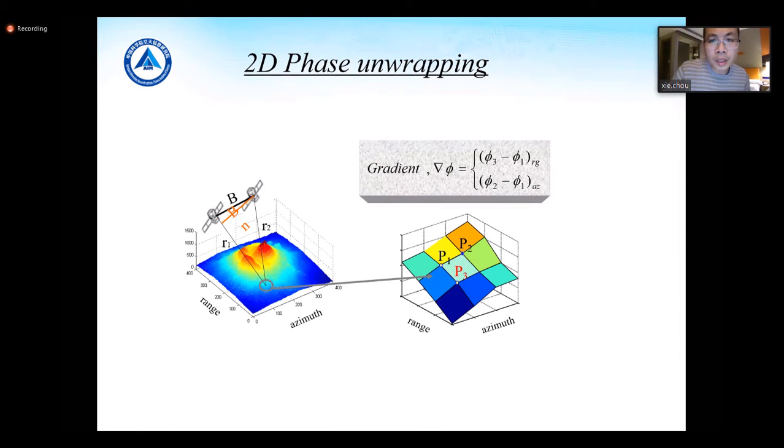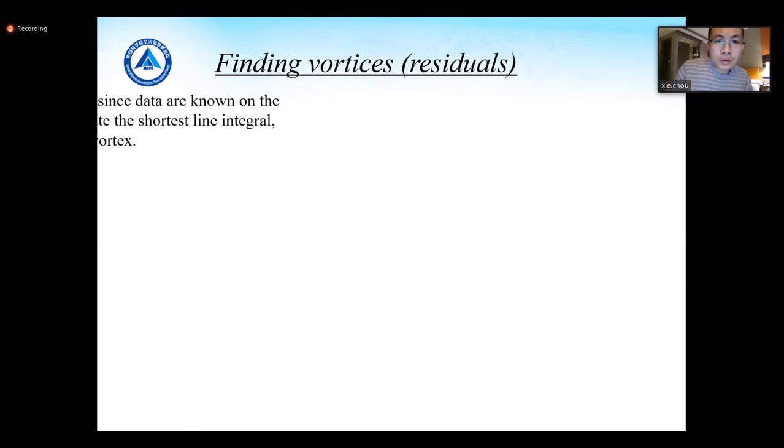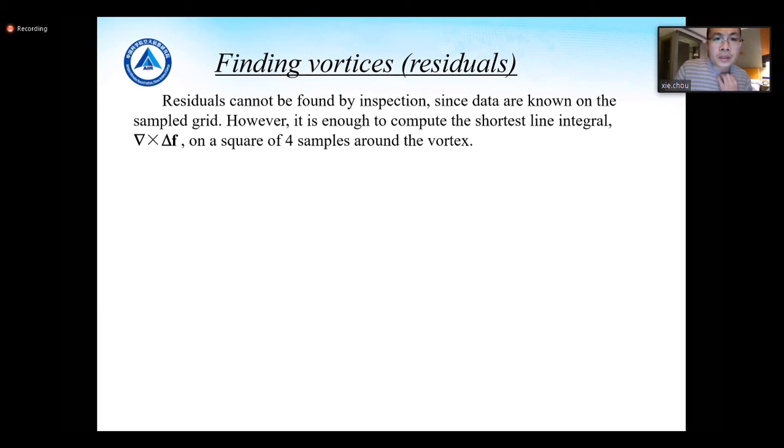Here we show the difficulty in interferograms called two-dimensional phase unwrapping. For unwrapping, we should find vertices or residuals.